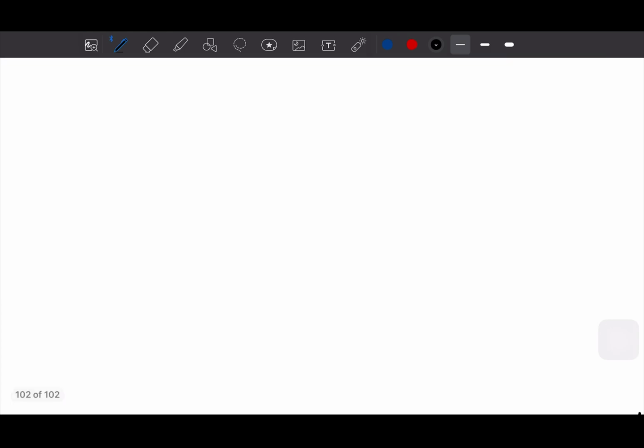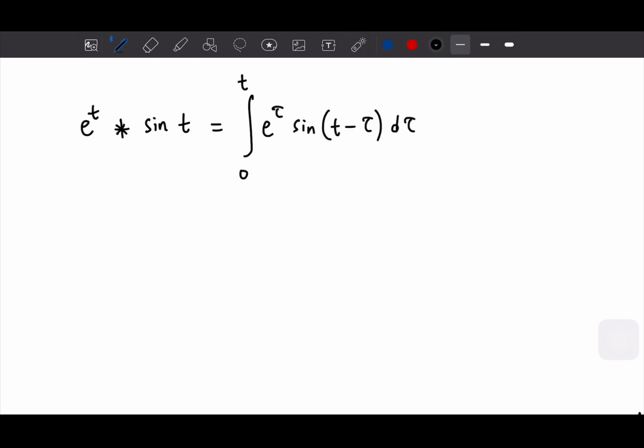So if we take e to the t and convolve it with sine t, then this will be equal to the integral from 0 to t of e to the power tau times sine of t minus tau. So we're going to use integration by parts, right?